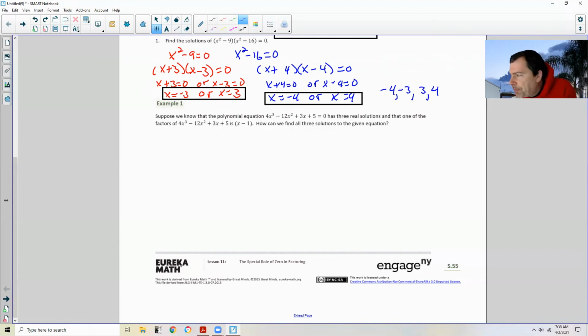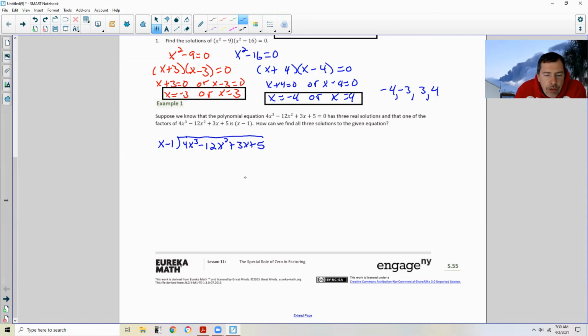Okay, so if we know this is a factor, then we can divide and find the other factor. So we're going to take x minus 1, and we're going to divide 4x cubed minus 12x squared plus 3x plus 5.